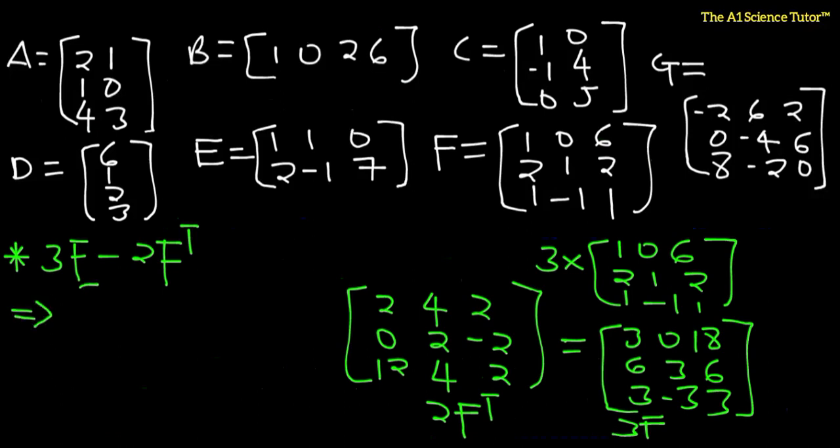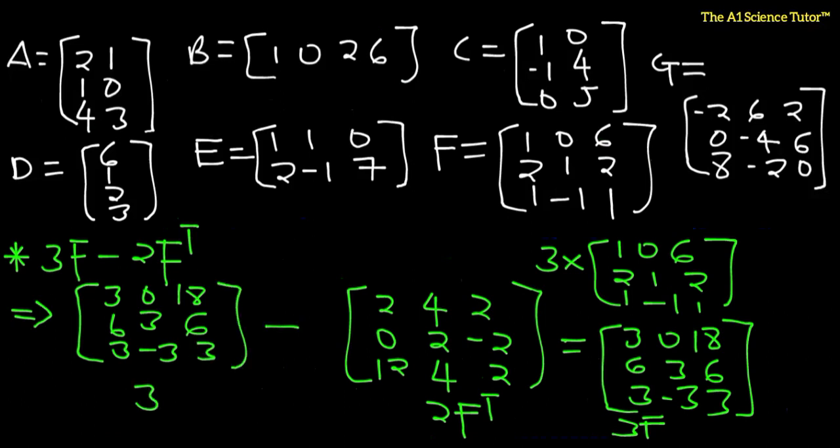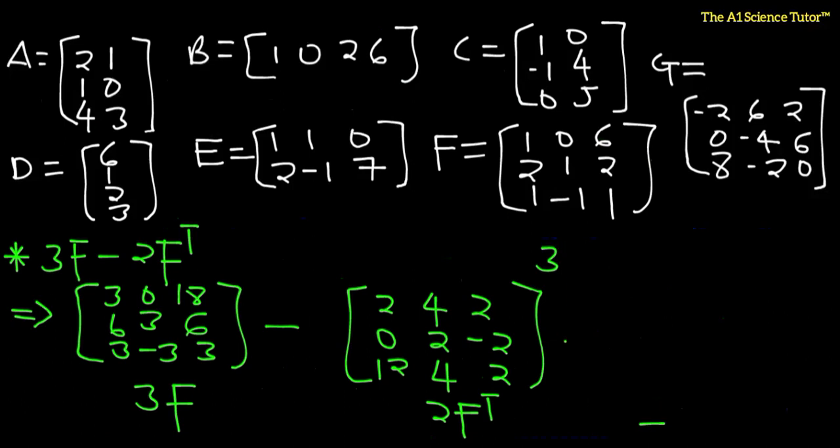So this is going to be 3, 0, 18, 6, 3, 6. You have a 3, negative 3, and 3 there. So this is basically what you have. So we need to find out what is going to be the answer for this matrix.